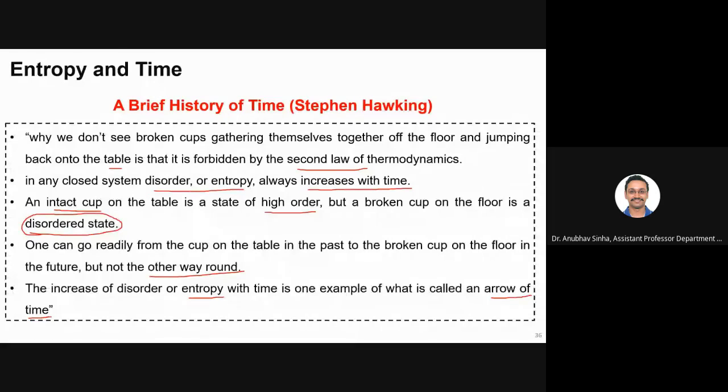If you're not very sure which process is going to proceed, whether you're looking at the video forward or backward, then you have to consider entropy. Entropy will give you a sense of time. Entropy will tell you in which direction entropy is increasing. That is how time will go. That will give you the arrow of time.